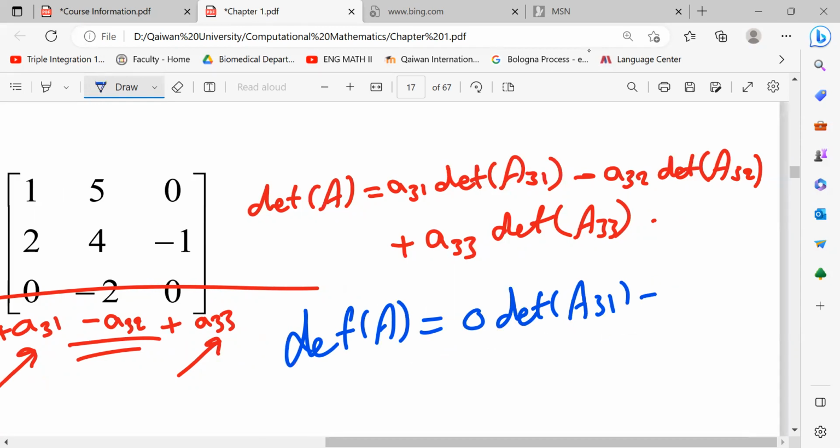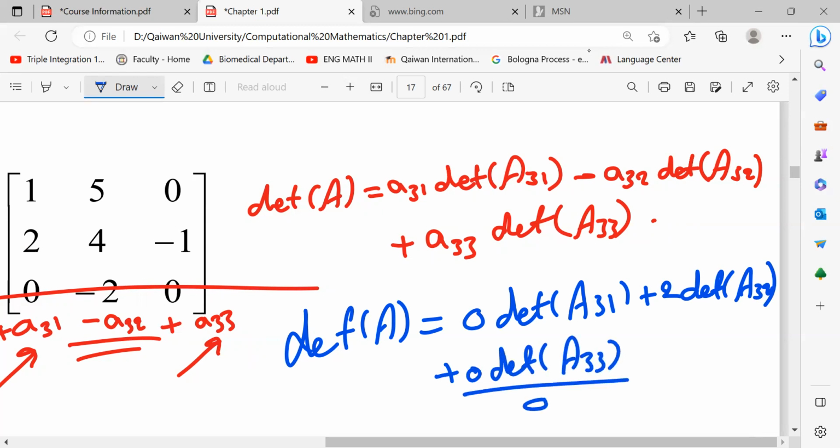Then minus A32, which is negative 2. And you already have a negative sign, so it becomes plus 2 times the determinant of A32. Then plus A33 is 0 times the determinant of A33. So this is also 0.